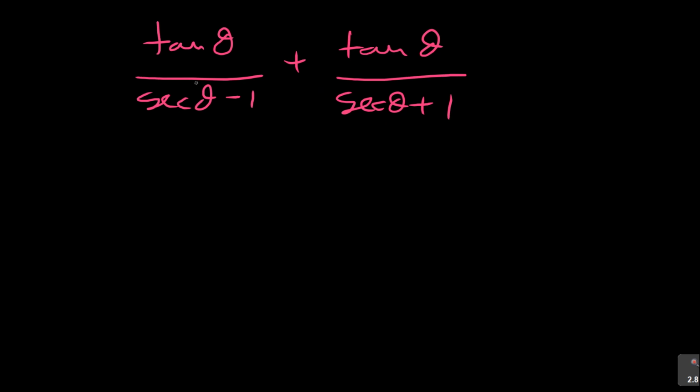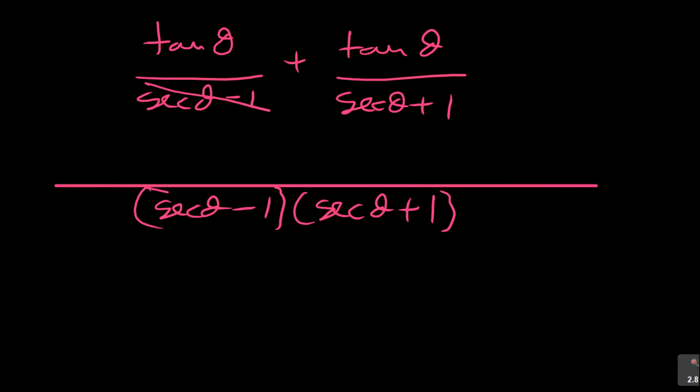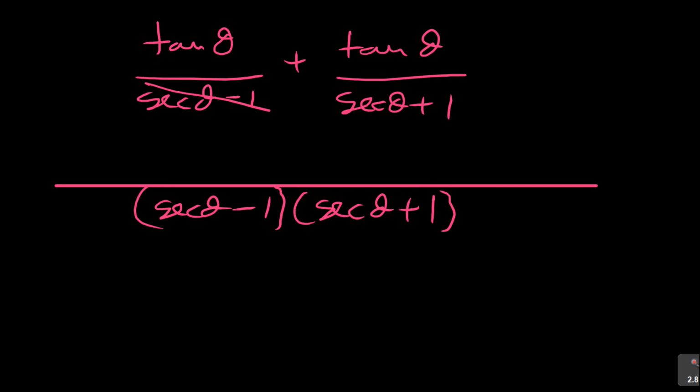Now when I'm looking at this again, I want to simplify this, so let me have a common denominator like we did previously, which is sec theta minus 1 and sec theta plus 1. Let's start there, and then again the division. Then from here, sec theta minus 1, sec theta minus 1, I take that and multiply with tan theta. That's what I'm going to be doing here, which is equal to tan theta multiplying by sec theta plus 1.